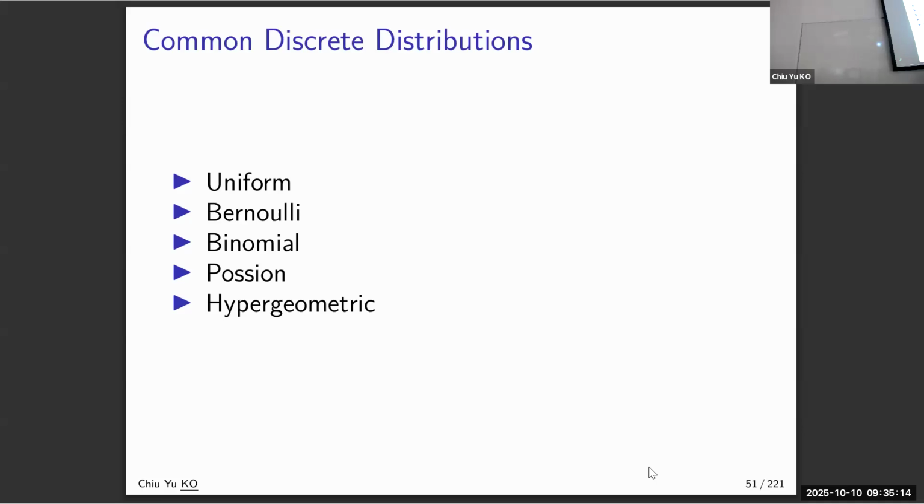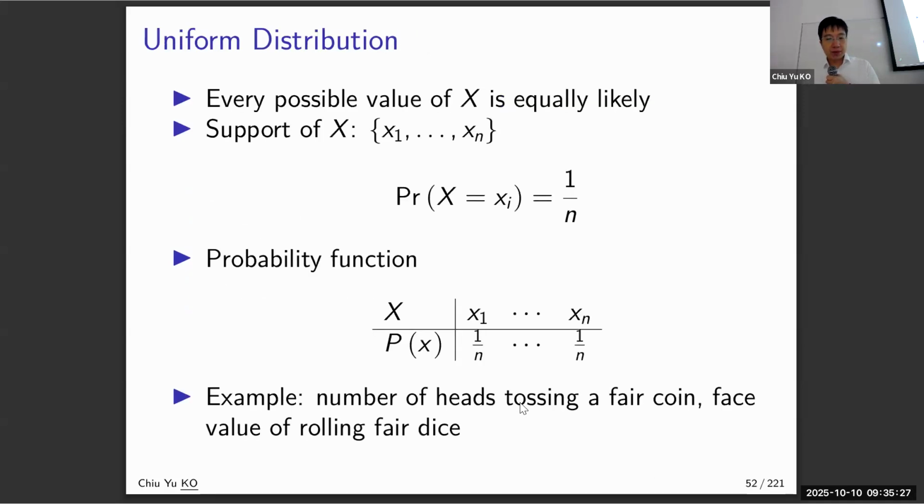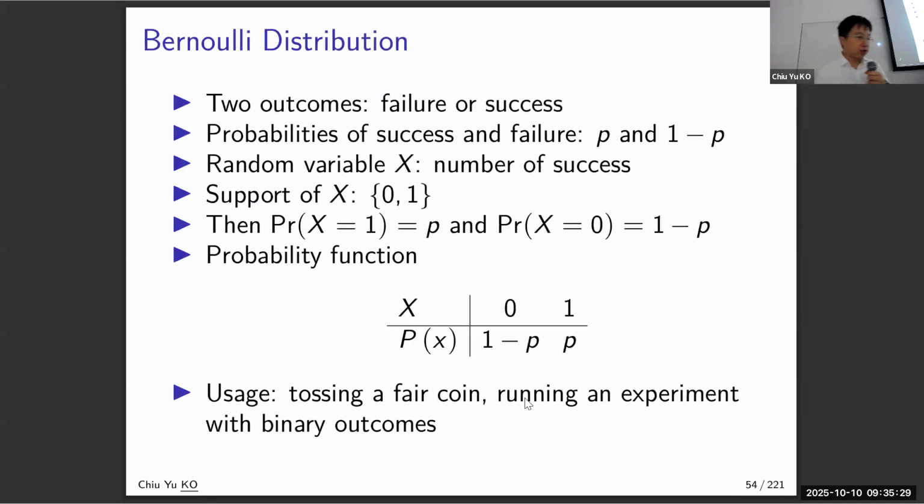But in an application, you have to decide which one fits your case better. It's your job to decide. And how do you know which one fits better? There are assumptions behind the different distributions, and you think about which one fits better.